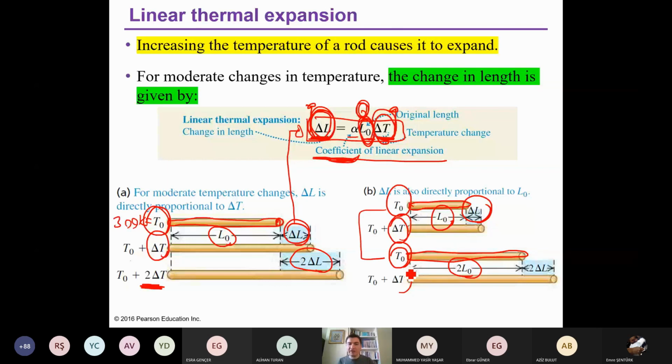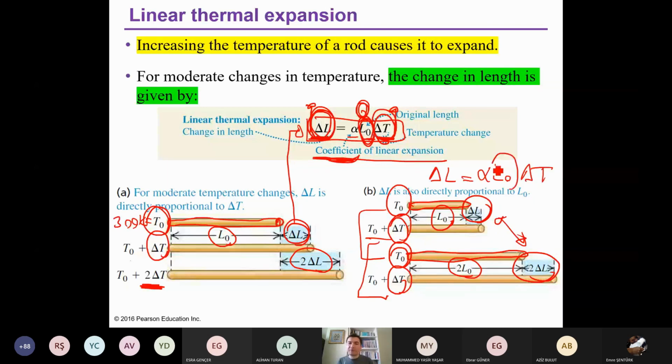What do you see here? The increase in the length is 2 delta L compared to this one, because delta L is given with alpha L0 delta T. It is directly proportional to the initial length.